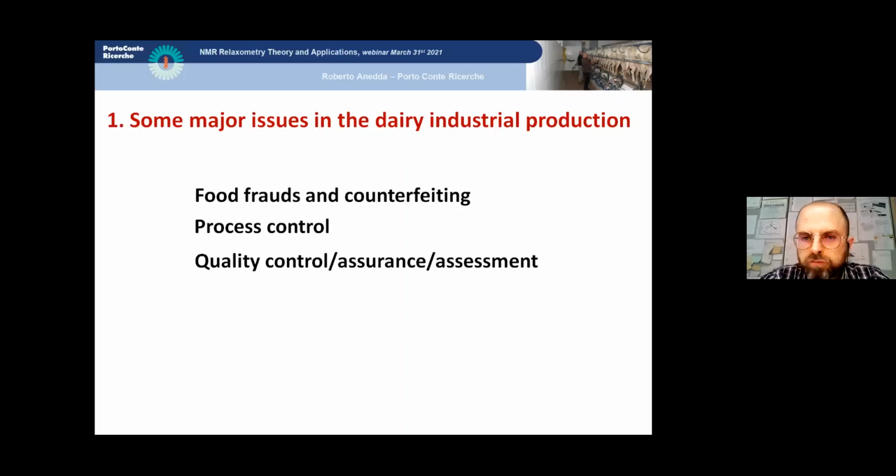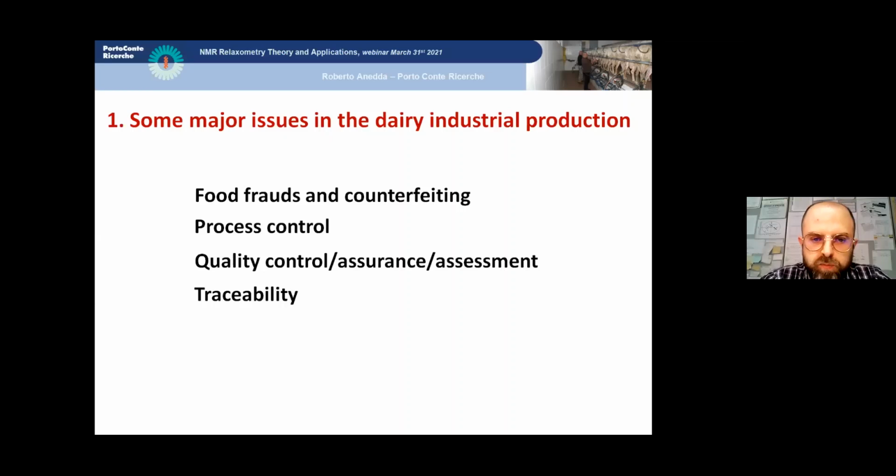Just to give a few examples, density of milk is controlled, fat content, which makes milk quality, cryoscopy, pH is controlled throughout the production process, acidity, proximate analysis. These are all parameters that are routinely checked. But many frauds, unfortunately, are not detectable by routine methods. And that's why we are talking here today.